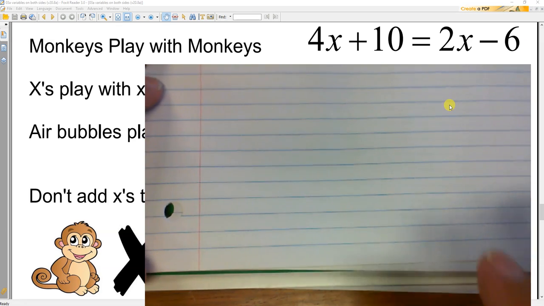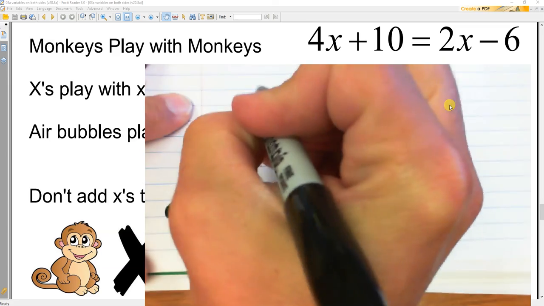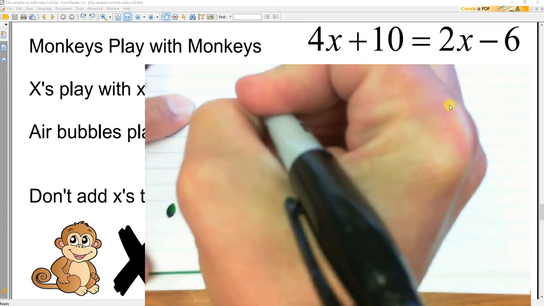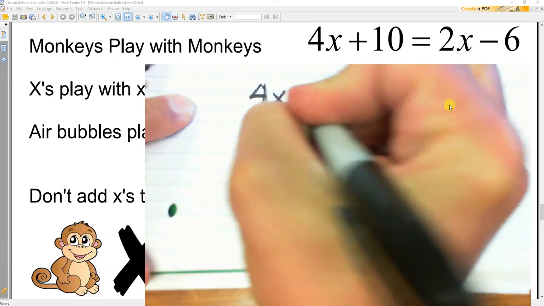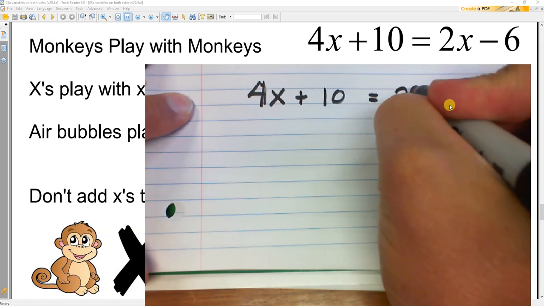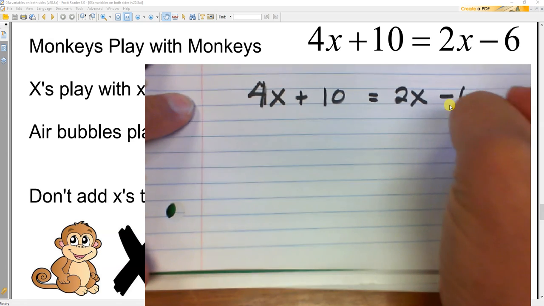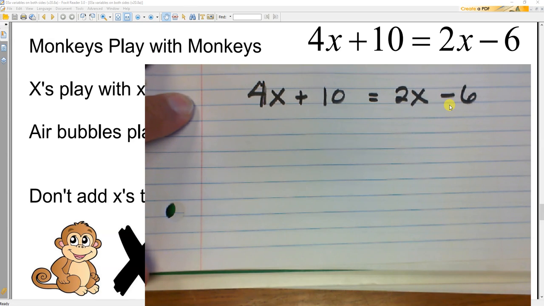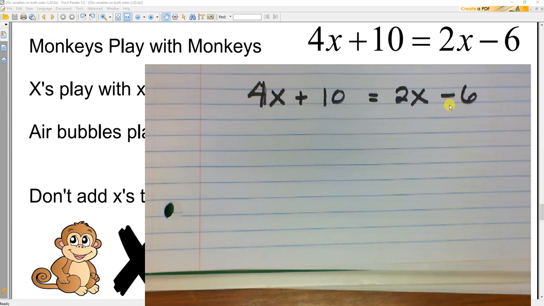So we'll do 4x plus 10 equals 2x minus 6. The first thing I want to do is get all the x's on one side of the equation.